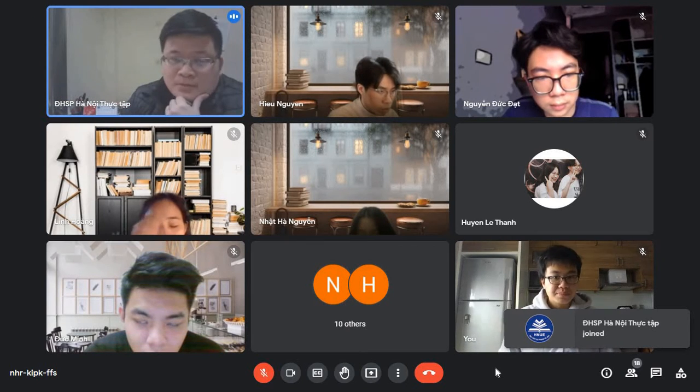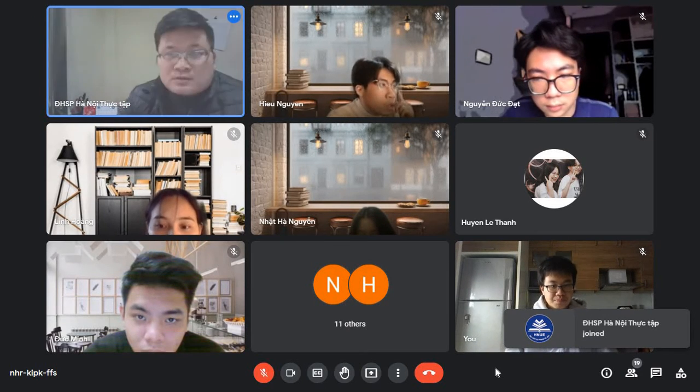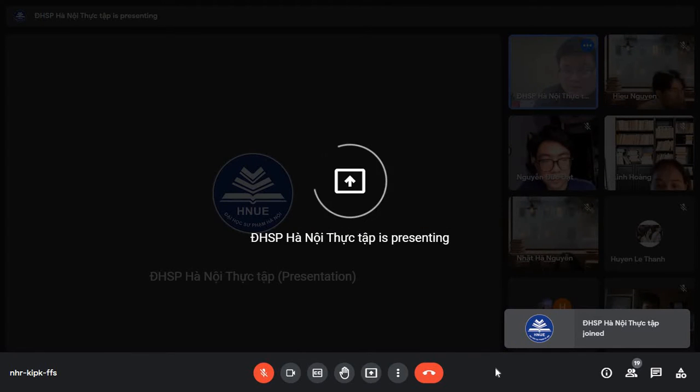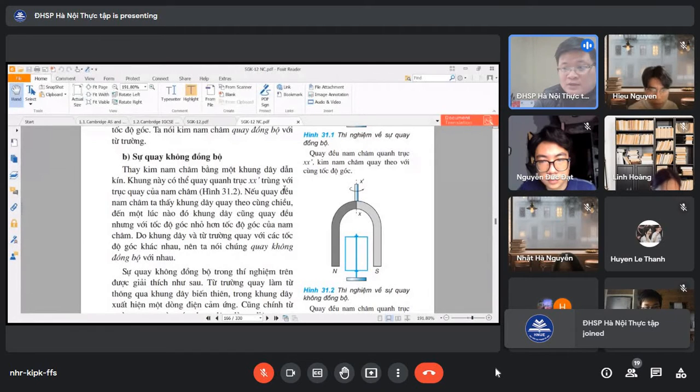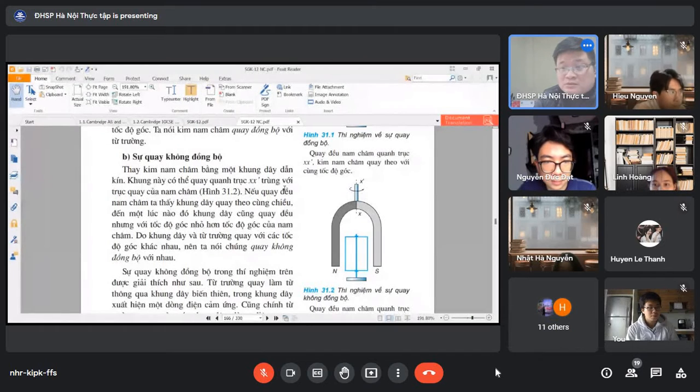Looking back, there are two things for Kit and also for everyone to try to explain. The first thing is why the coil will rotate in the same direction as the U-shaped bar magnet, or as the change of the magnetic field.